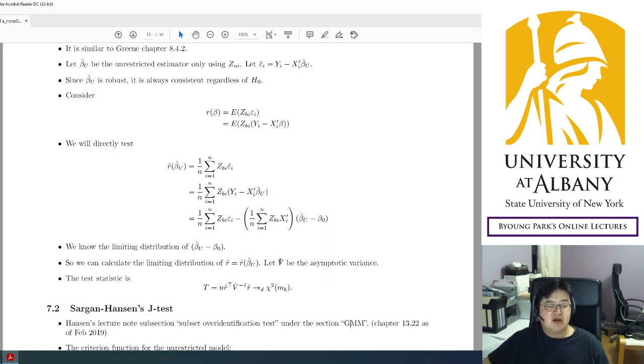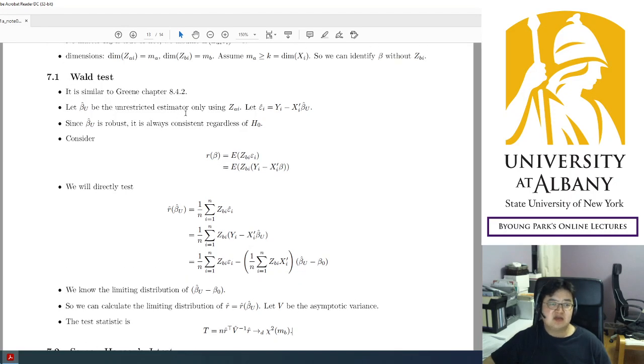If you can calculate the variance, then your test statistic, the Wald test, will converge to chi-square with MB degrees of freedom. MB is the dimension of ZB, the uncertain instruments. So you are testing MB number of instruments. That is the degrees of freedom in this case. So this is how you can use the Wald test in this case.